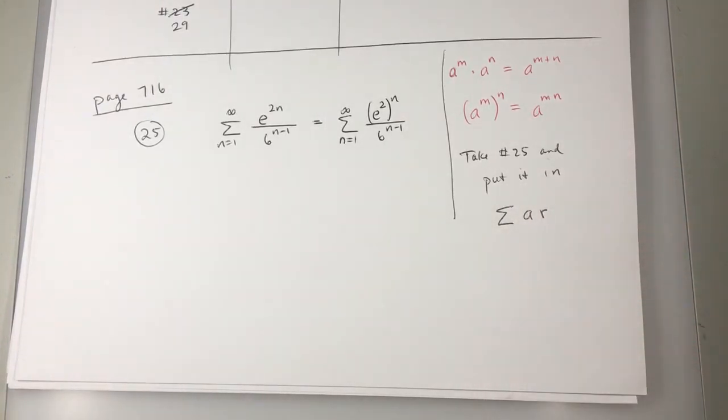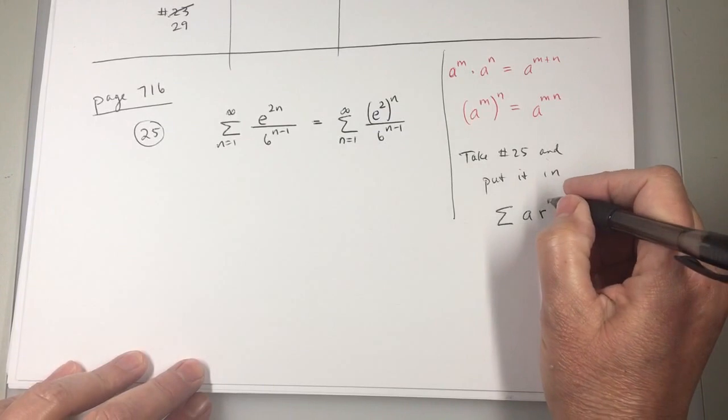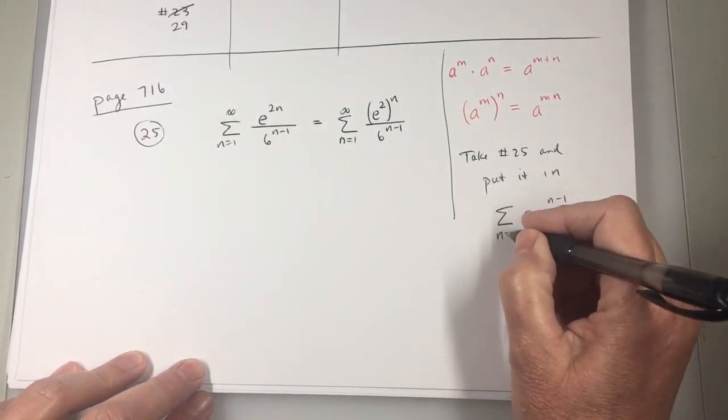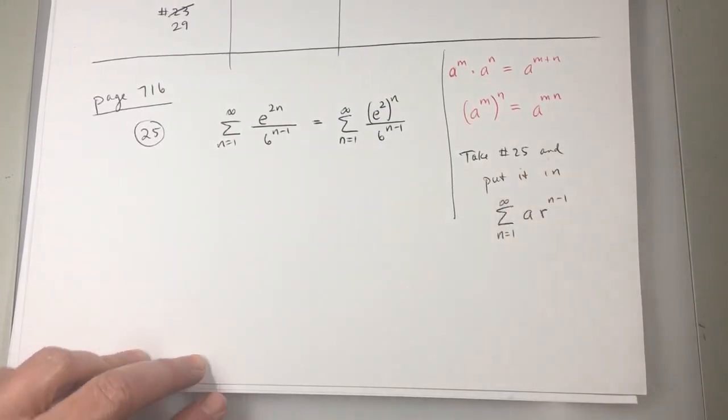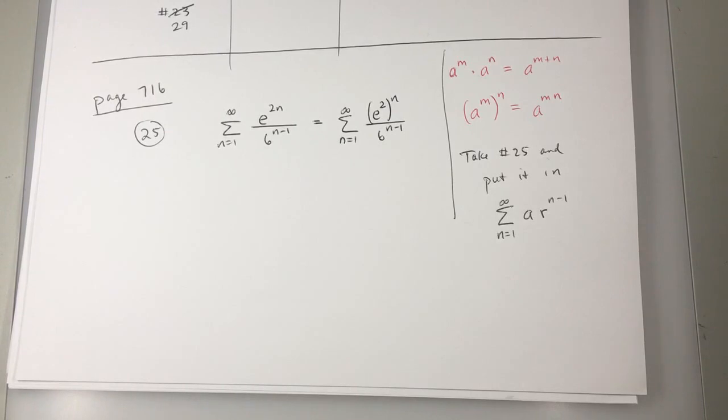Some books use n minus 1, some books use an n right there, and I think your book used n minus 1, but I'm going to want to verify that. It does, n minus 1, and then they'll start in at 1 and go to infinity. So I want to put it in that form.